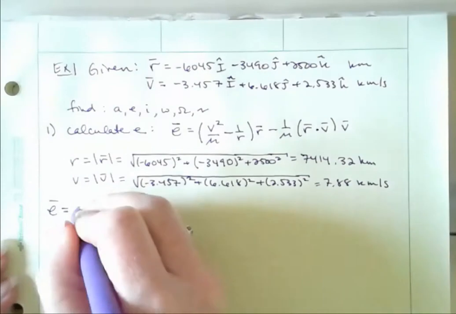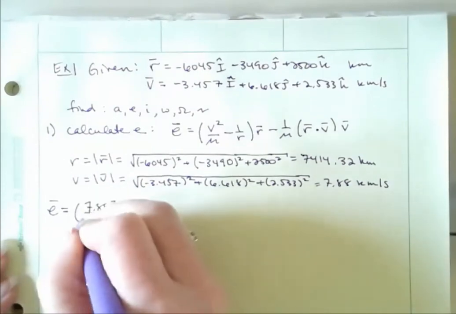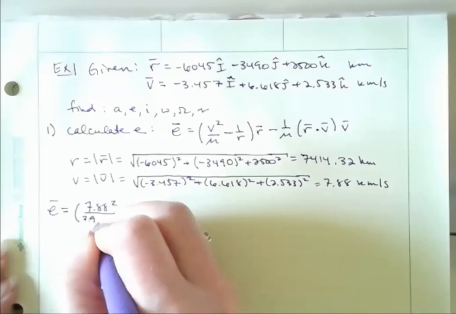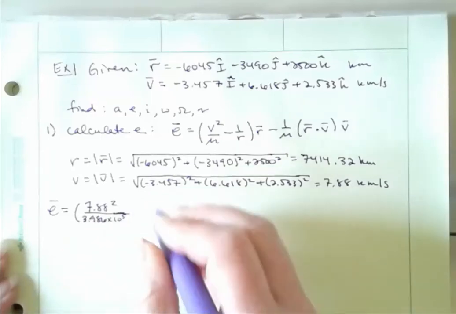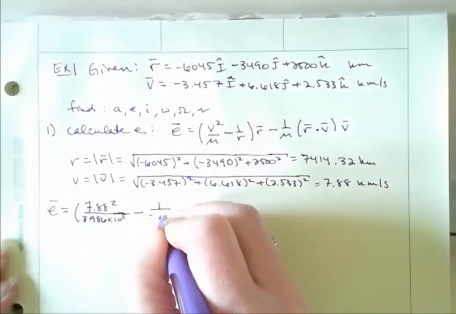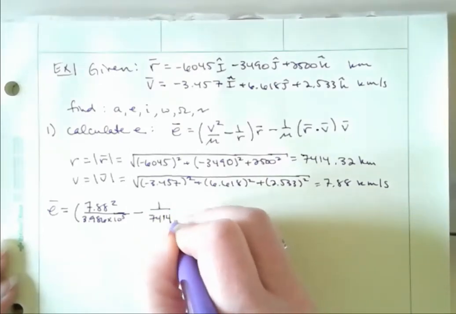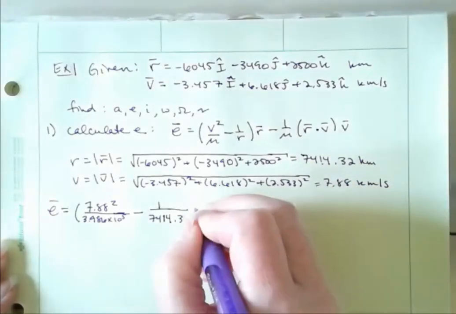So your eccentricity vector will be 7.88 squared over mu, which is a constant value, 3.986 times 10 to the 5th, minus 1 over 7414.32, the value we just found.